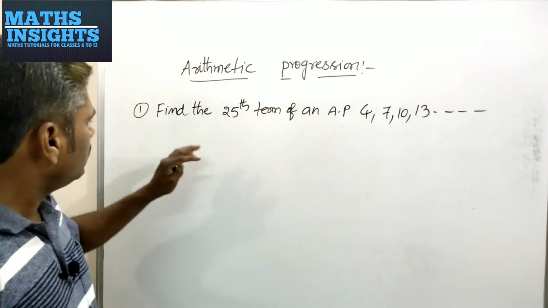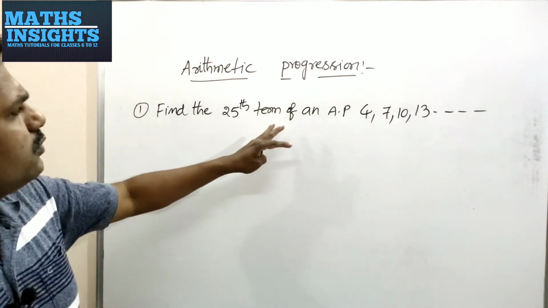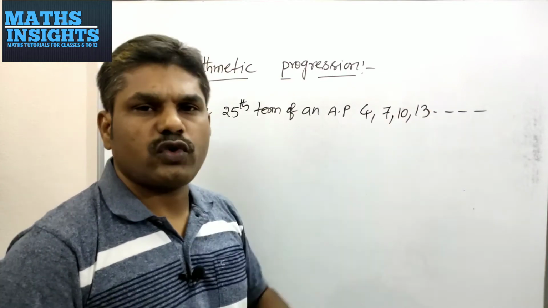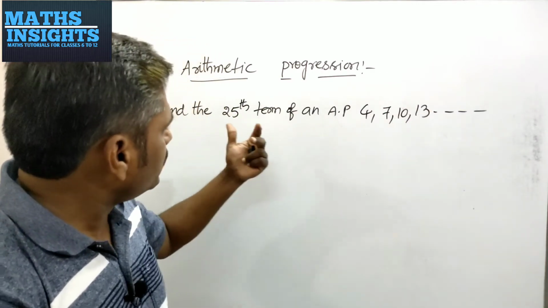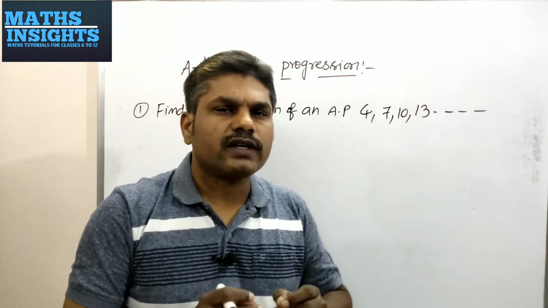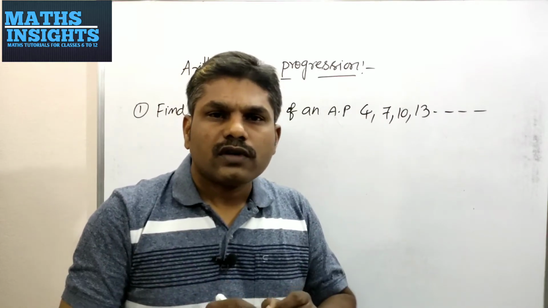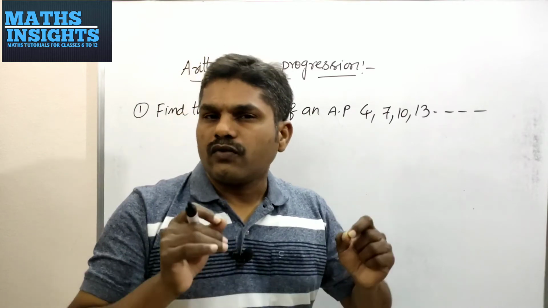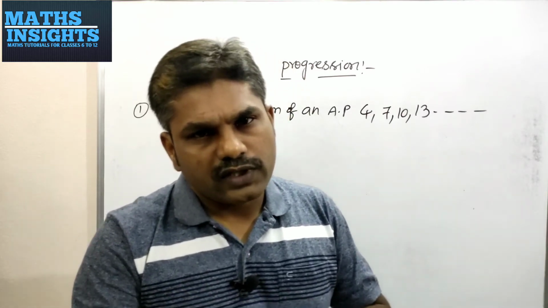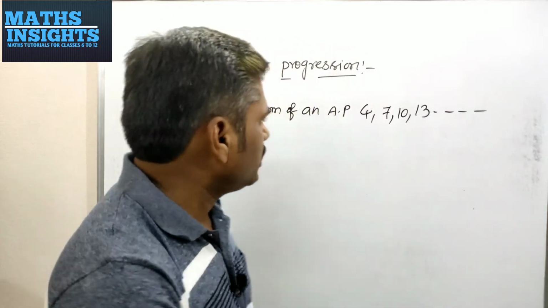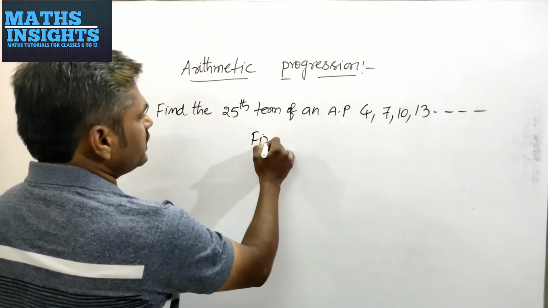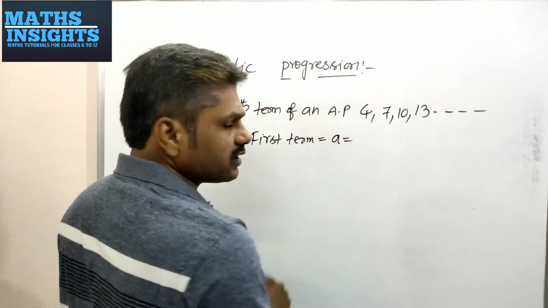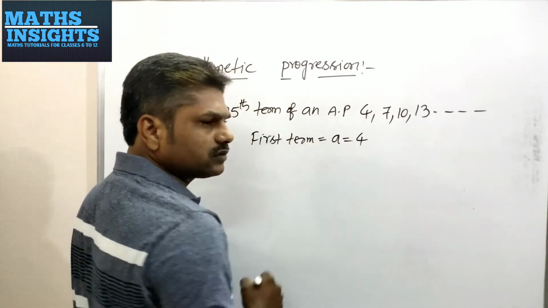This is the example. Find the 25th term of an AP 4, 7, 10, 13 and so on. If you want to find the 25th term, you have to find the formula for the nth term. That will be very useful for finding any particular term of the arithmetic progression. You know the first term. First term is, you are representing it with a, therefore 4.